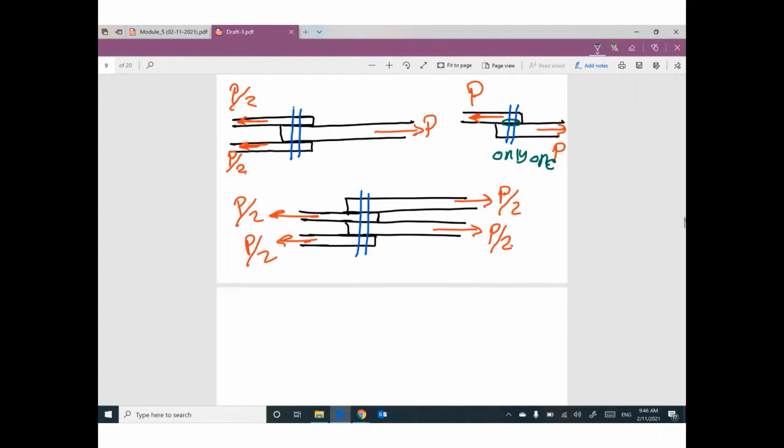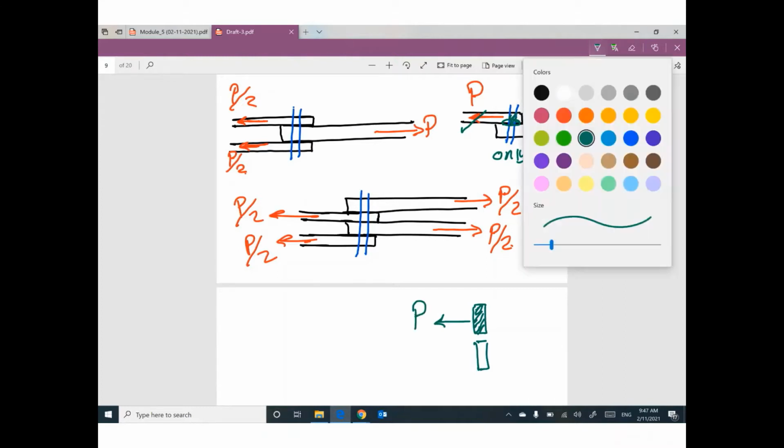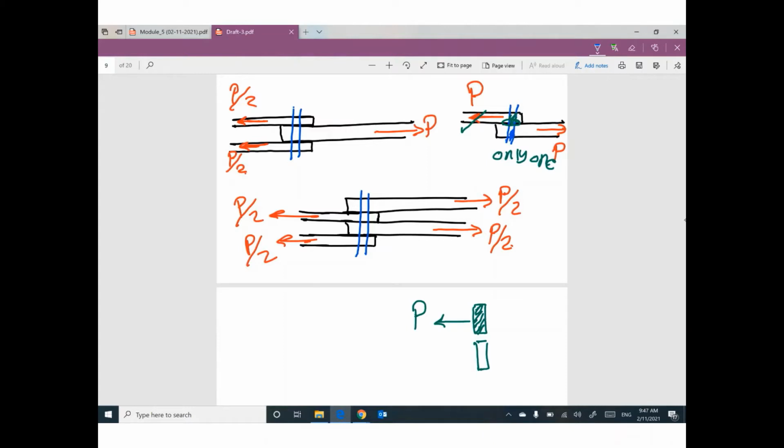I mean, if you would like to draw the free body diagram for this bolt, the upper part, which is following this part of the member, will be under the effect of P. The lower part, which is this one, is following the part of this member under the effect of P. So this plane of the shear in the bolt is under the effect of a force equal to P.